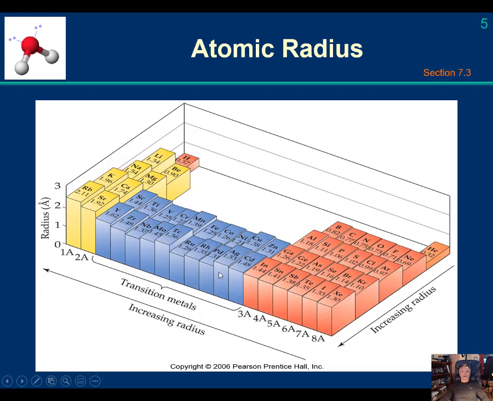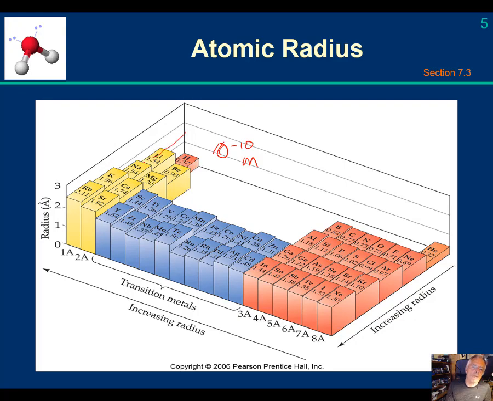Okay. All right. So here are the measured values, the experimental values for the atomic radius. And you can see this is in angstroms. 1 angstrom is 10 to the minus 10 meters. So we go from 0.37 angstroms. Here's lithium.